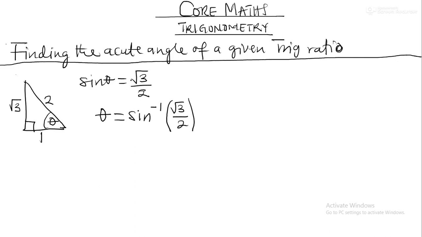So you write theta equal to sine, with exponent minus 1, and then bring the ratio. So theta is sine inverse of root 3 on 2. If you punch this on the calculator, the value you get will give you the value of theta. So let's see how to do that.